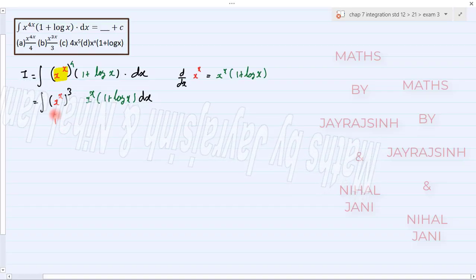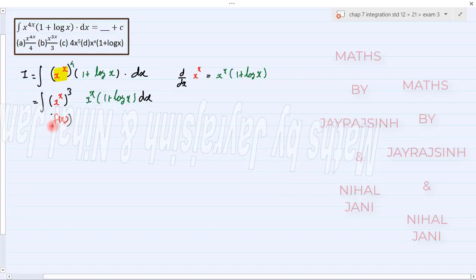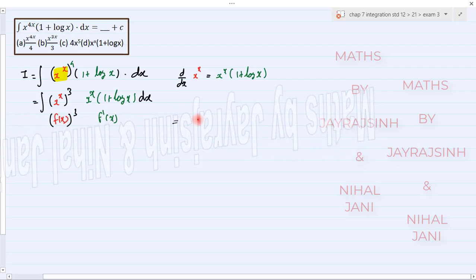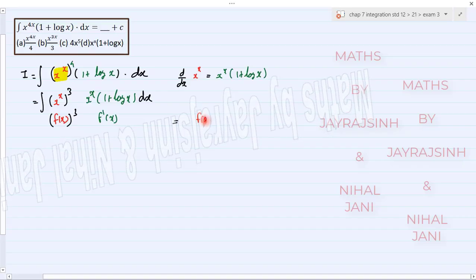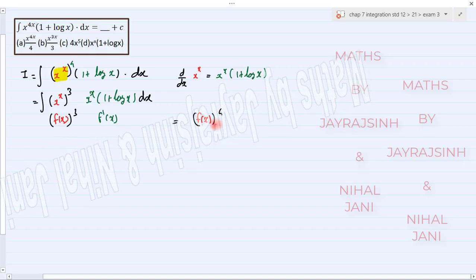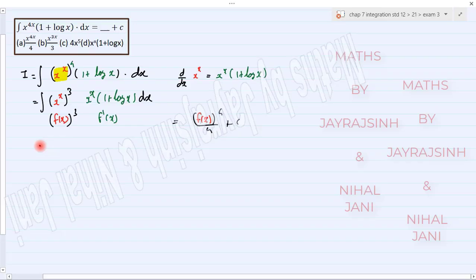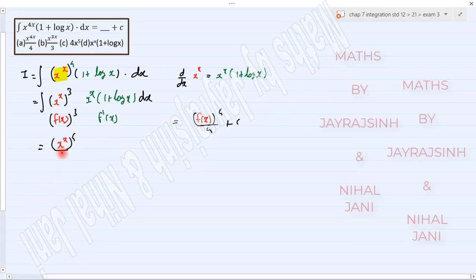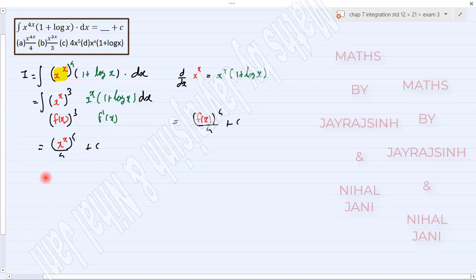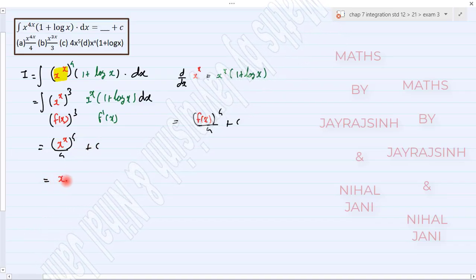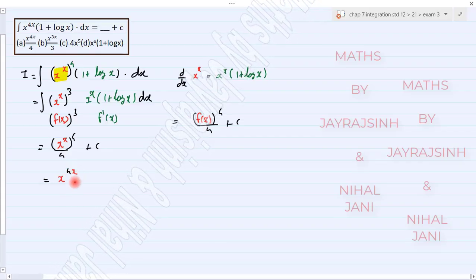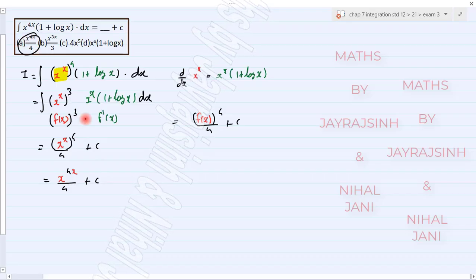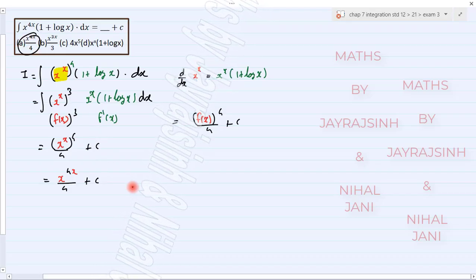So basically here we have f(x) whole raised to 3 into f dash x form, and its integration is simply f(x) whole raised to 4 by 4 plus c, or we can say x raised to x whole raised to 4 by 4 plus c, which can be rewritten as x raised to 4x upon 4 plus c, which is given in option A. Ta-da!